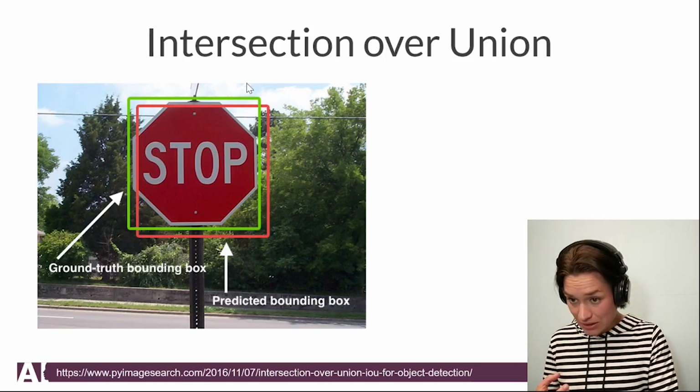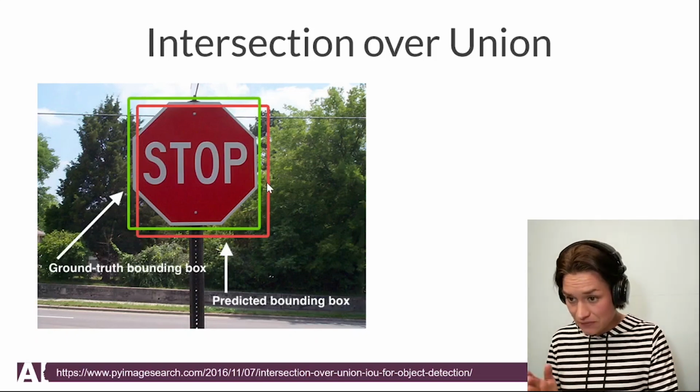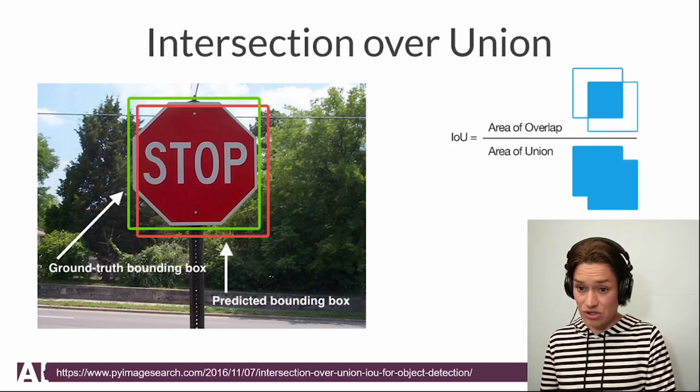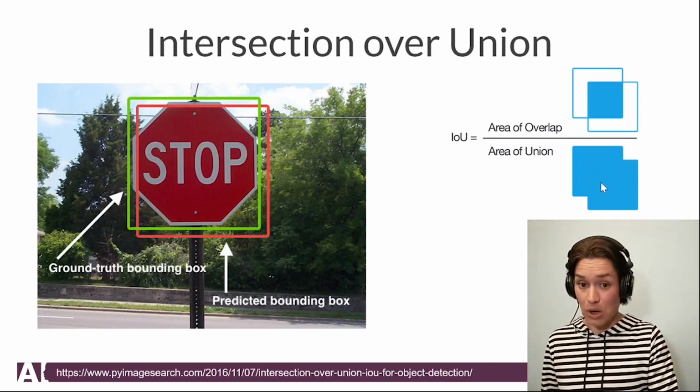Here, the green one is the ground truth box where the stop sign is. The predicted one is a little bit shifted. It doesn't look too bad to me either. They're not 100%. And to measure how good that is, we have intersection over union, which is the area of the overlap, so it's a pretty big area, over the area of the union of those boxes.